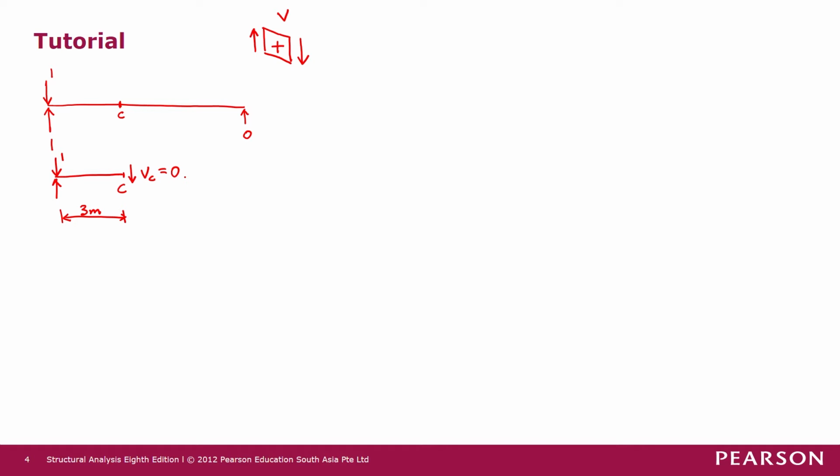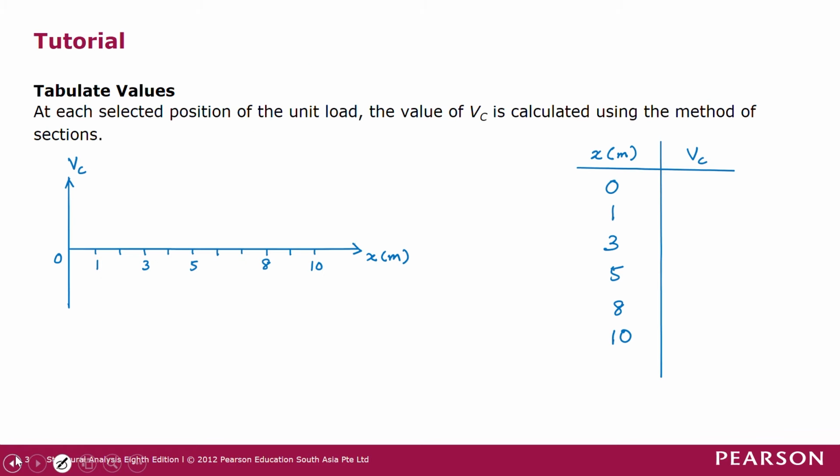Okay, so meaning that when x equals 0, VC equals 0. So here we have 0 for VC.